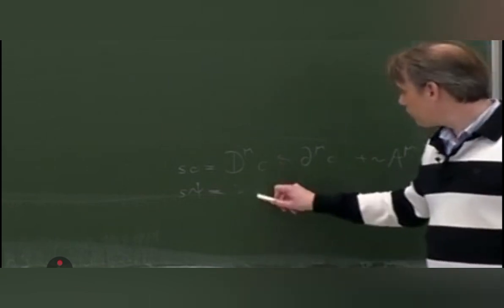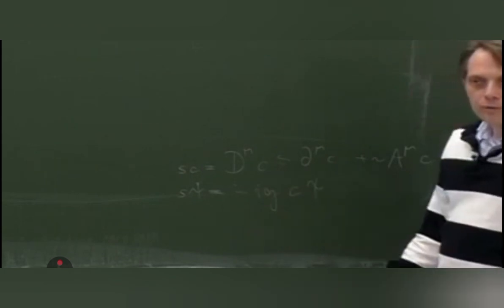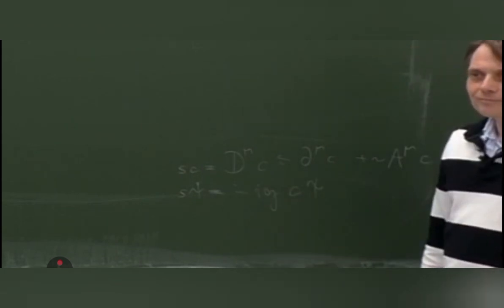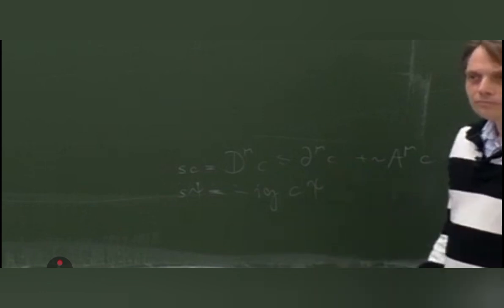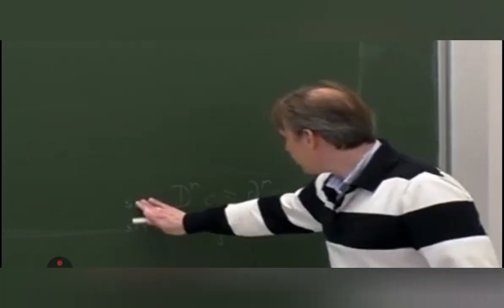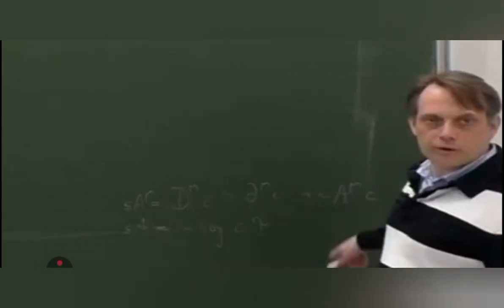So you have minus i times gauge coupling times c times the quark field. So that, is it linear or non-linear? It's non-linear, right? So it contains ghost times a quark field. So that has no linear term. That has one linear and one non-linear term. Okay, so let us now go on.